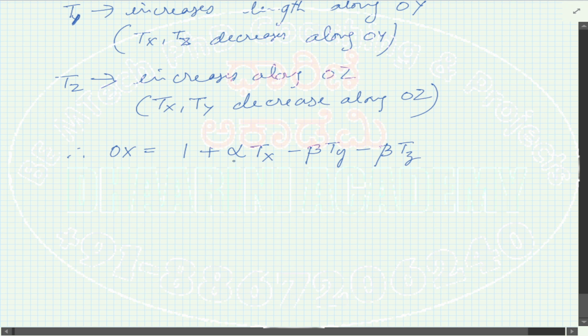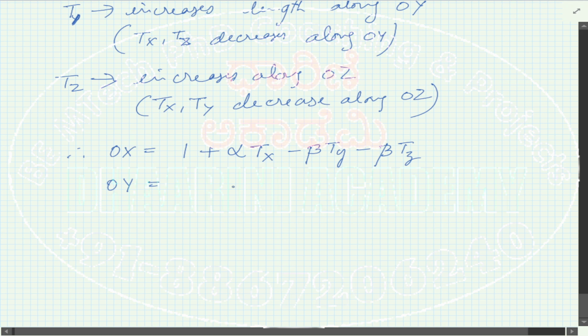So Tx is controlled by alpha. Whichever side you are considering to increase will be controlled by alpha, and the other sides, the lateral strain, will be denoted by beta. I'll write what alpha and beta are after I write all three equations of OX, OY and OZ.